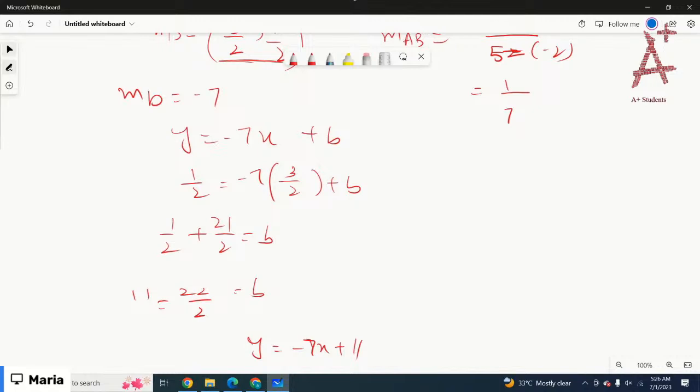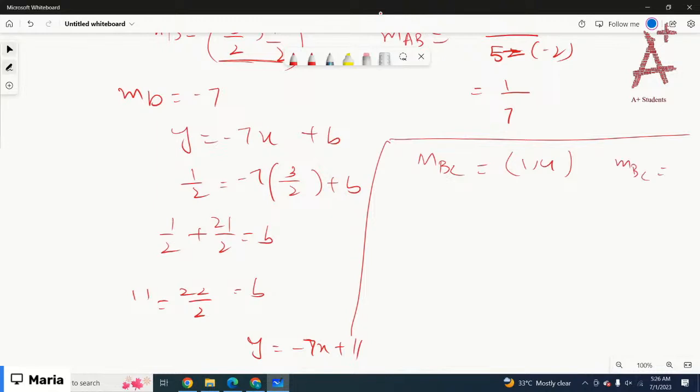That is the right bisector of AB. Now you have to calculate the right bisector of BC. So first you have to calculate the midpoint of BC. The midpoint of BC is (1, 4).